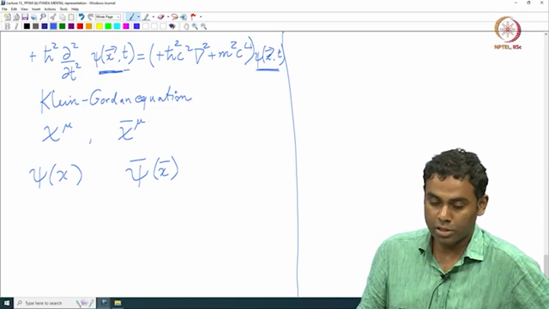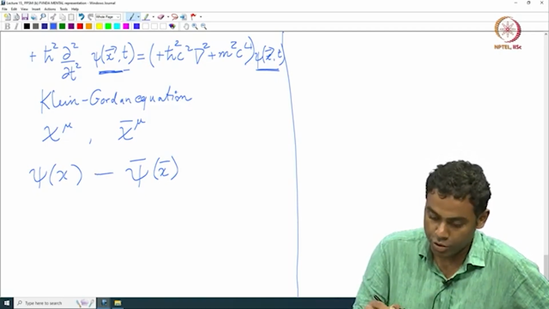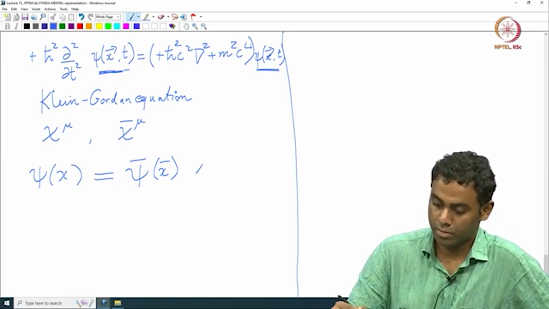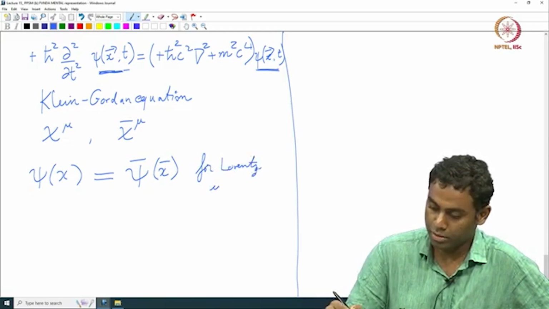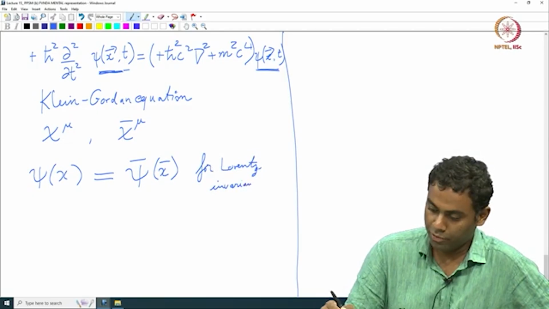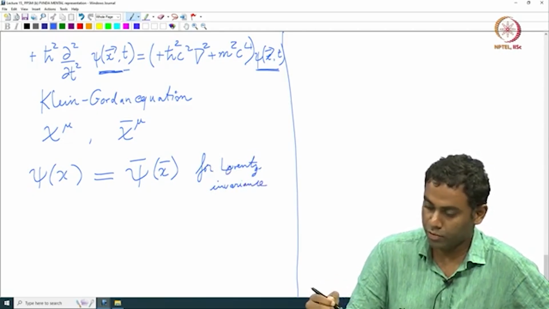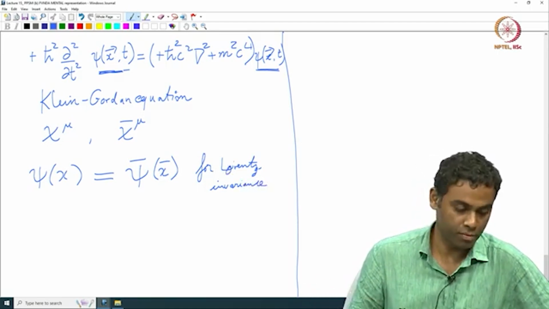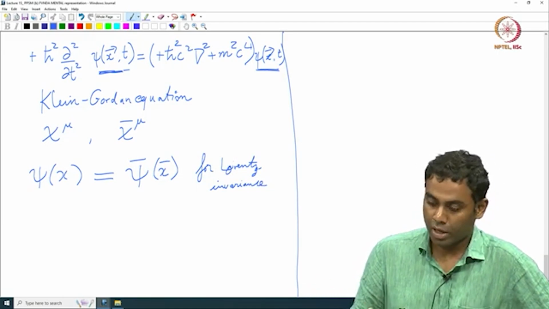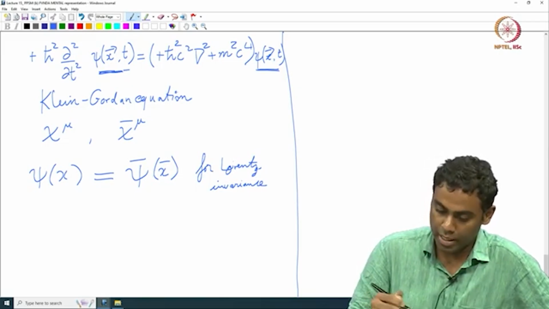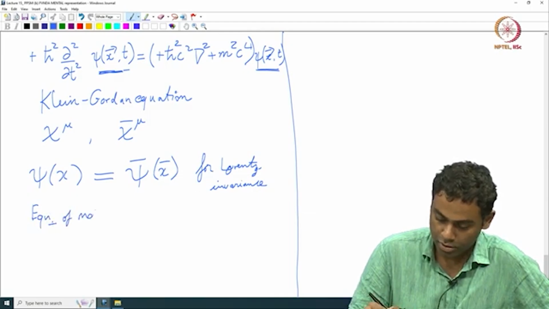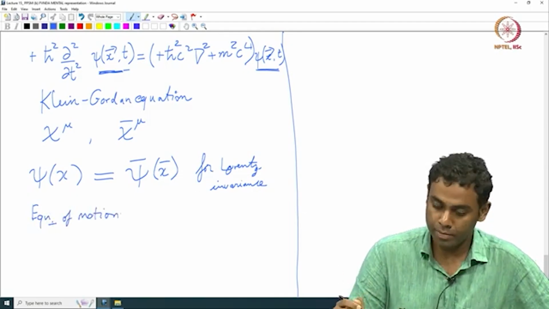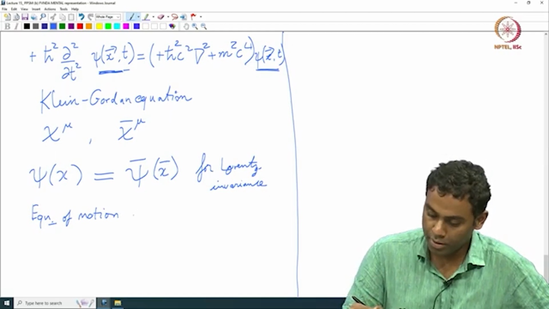So what is the condition for Lorentz invariance? The condition is these two should be the same, at the least they both should measure the same field, the same state. The laws of physics should not change across inertial frames. Not only that, one should also demand that the entire equation of motion, whatever it is, the Klein-Gordon or whatever, should also be Lorentz invariant.